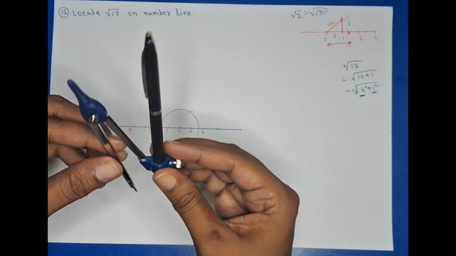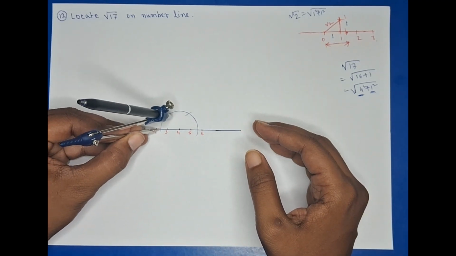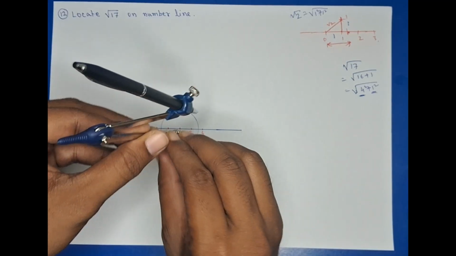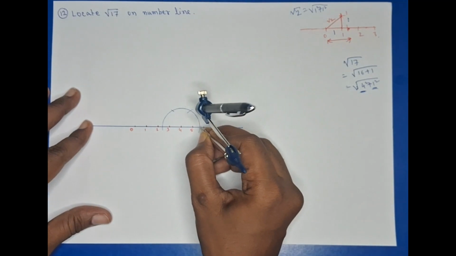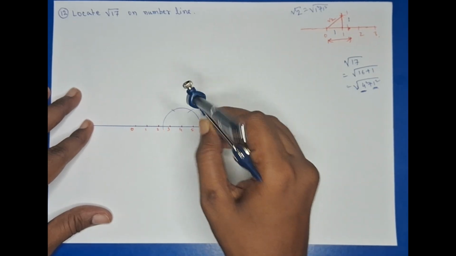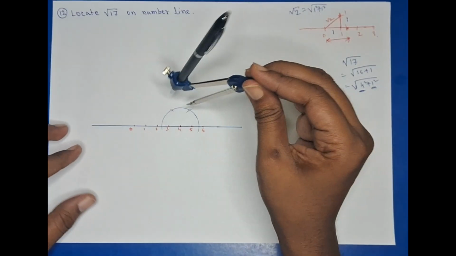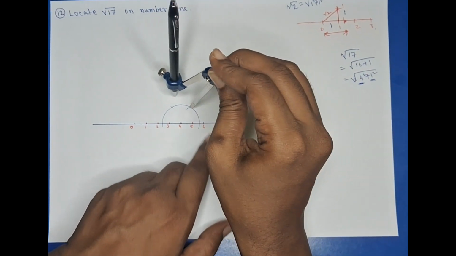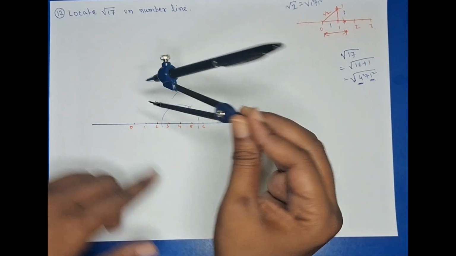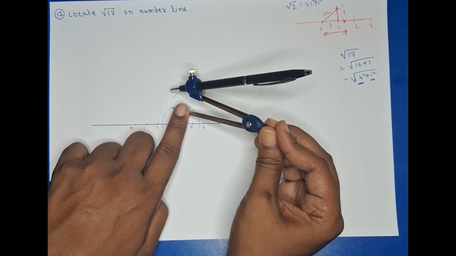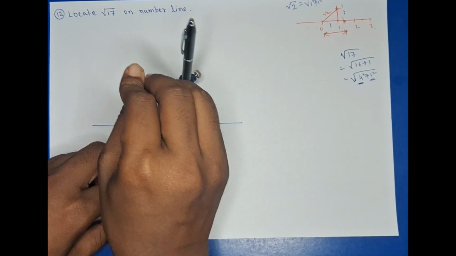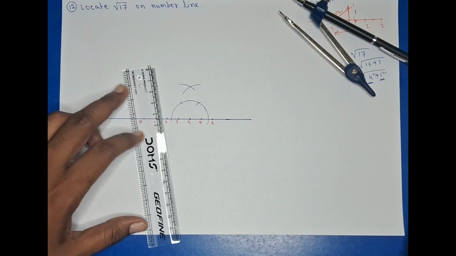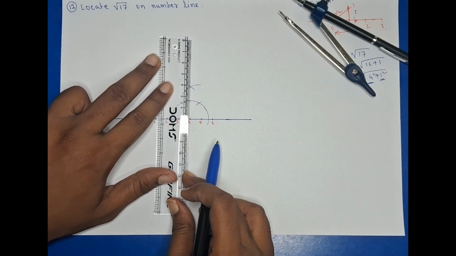Okay. Then I put the point here again and cut the arc here. I put the point again here and cut the circle here. Like that way, we are getting a perpendicular line.